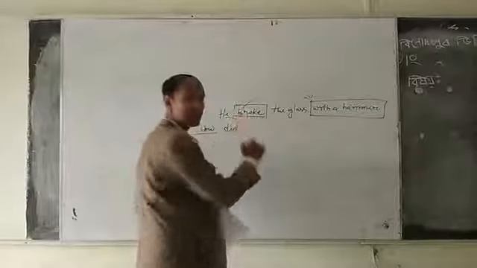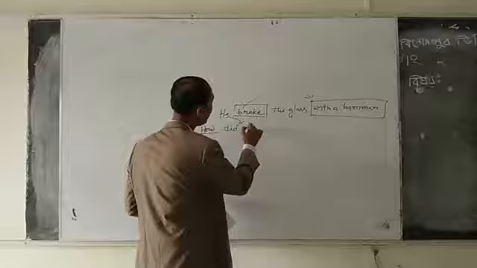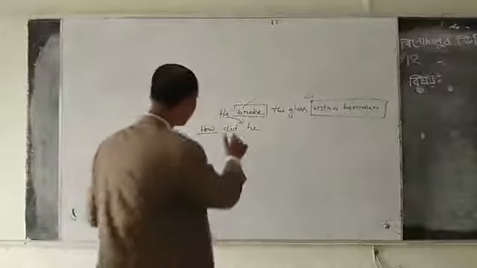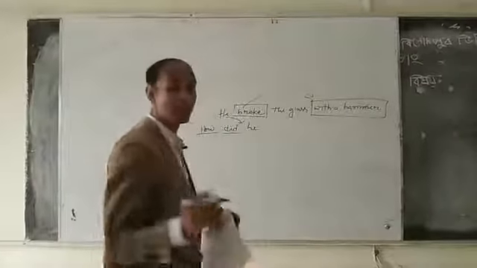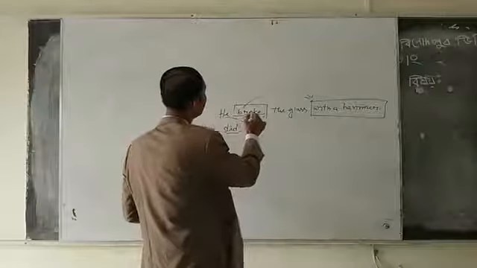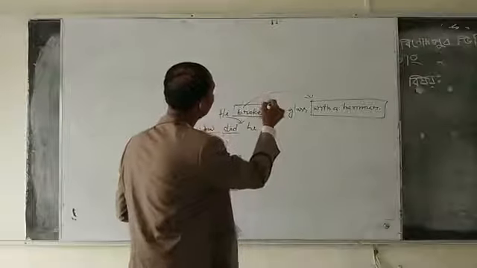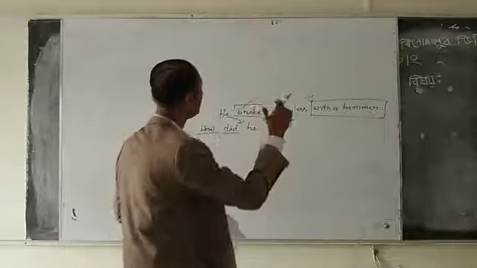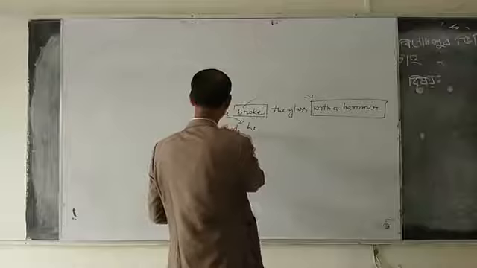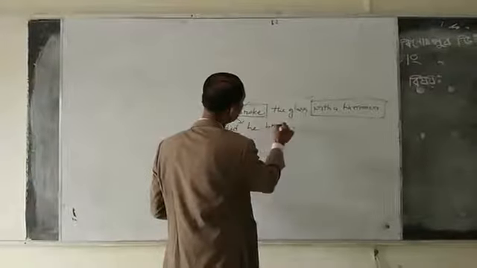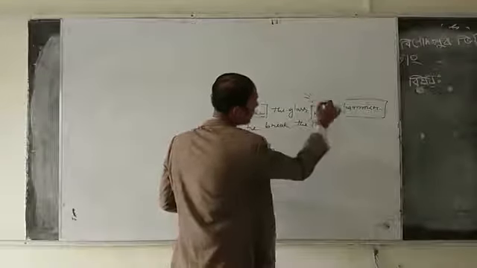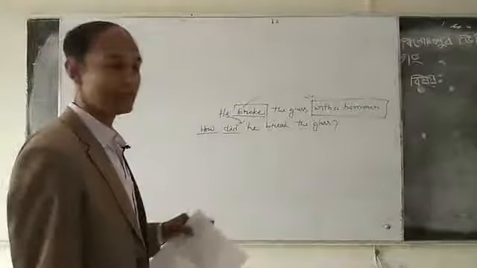Then we will put subject. How did he? But when we use did after subject, the main verb is in present form. Broke is the past form of break. So we will put break as the main verb. How did he break the glass? Okay, this is the right answer.